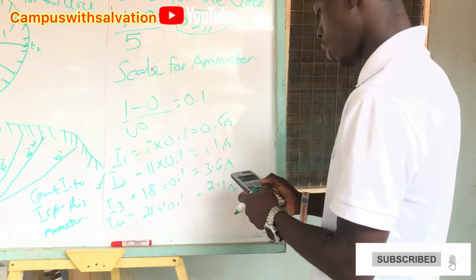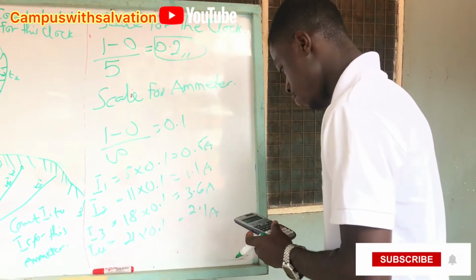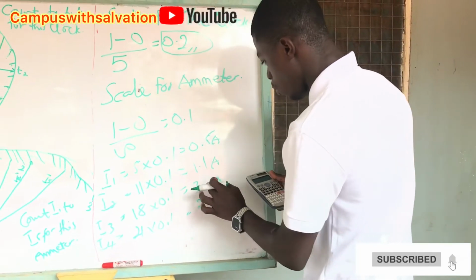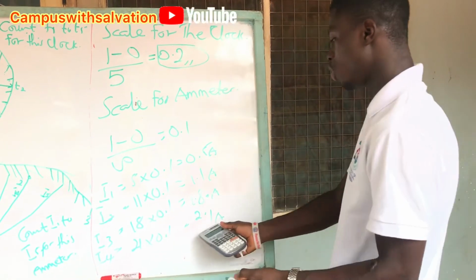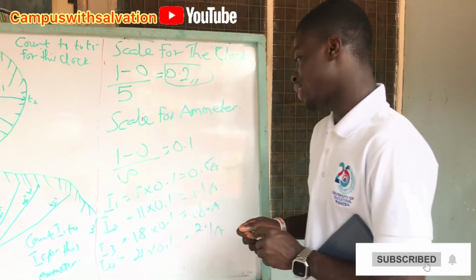So very simple as that. 18 times... We made a mistake. Here should be 1.8 ampere. Yes, so that here will be 2.1. You shouldn't exceed this one. Hope you will get it.